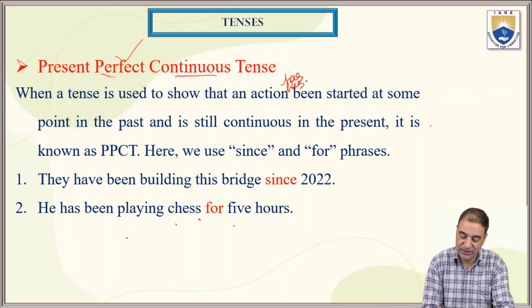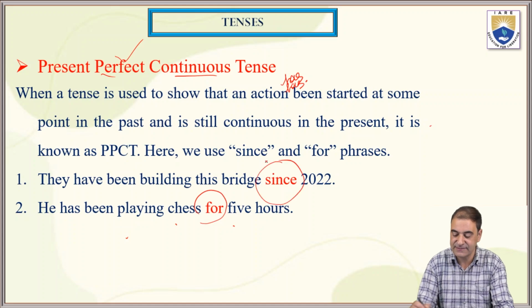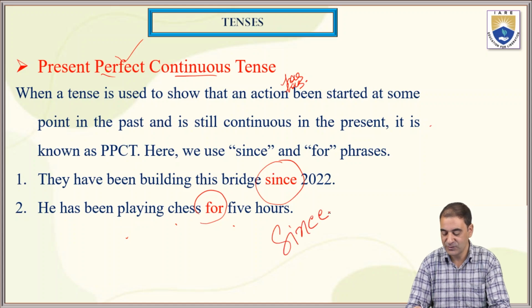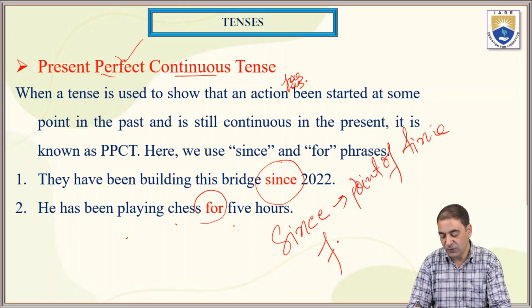And here again, we use for and since. We use for and since to express time. We use since to show a point of time. And we use for to show a period of time.